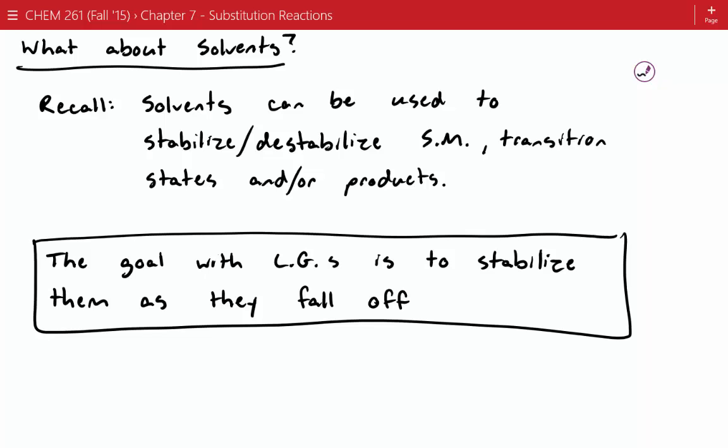Would we want to use a polar protic solvent or a polar aprotic solvent to stabilize a leaving group as it's falling off? What would be more stabilizing? Protic, right? So we said Tuesday that hydrogen bonds stabilize anions. If we deny them hydrogen bonding, that destabilizes them. In this case, we're looking to stabilize them, so we do want hydrogen bonding.